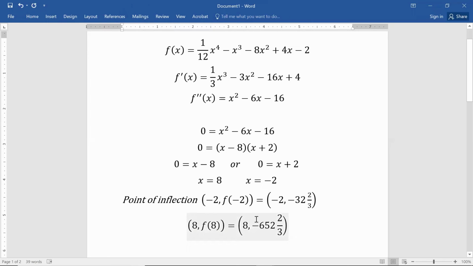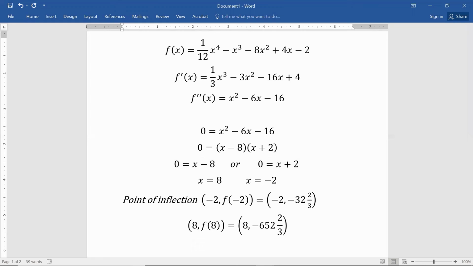I do want to mention before I move on that remember the definition of point of inflection is where we change from concave up to concave down. Just because the second derivative is 0 doesn't automatically mean the point is a point of inflection. You could have concave up, then change to another concave up.